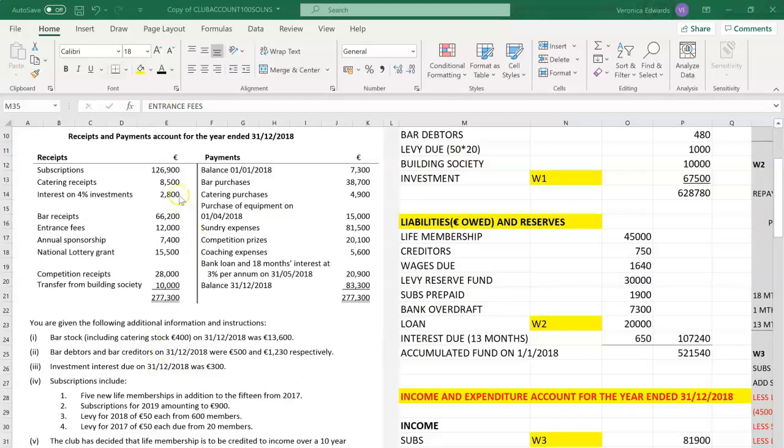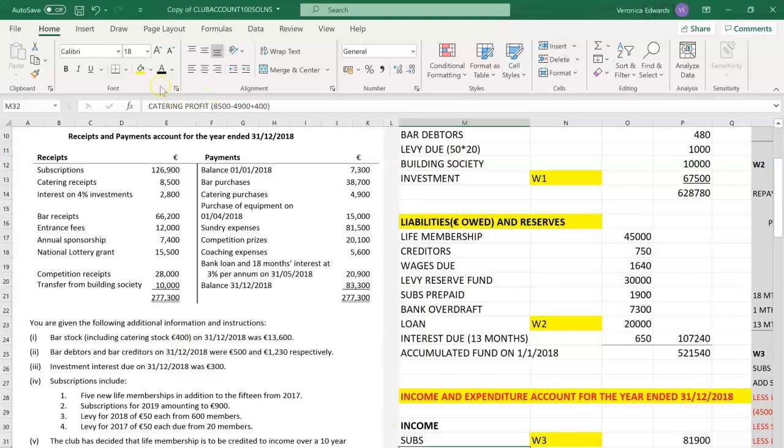So what we're going to do is put those 3 pieces of information together. We start with the money that we earned, 8,500. We'll have to deduct our catering purchases, which amount to 4,900. But we'll also need to recognise that we still have stock at the end of the year. So not all of those purchases were used during 2018.